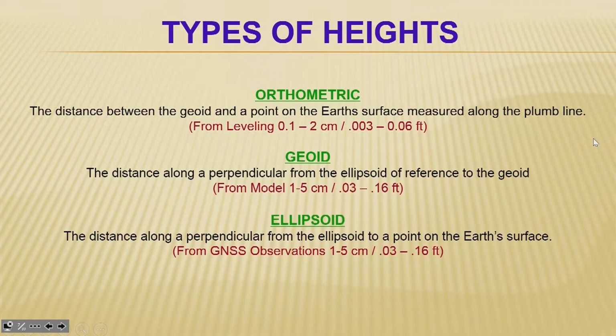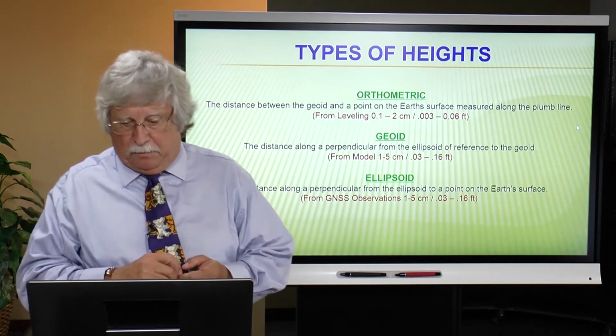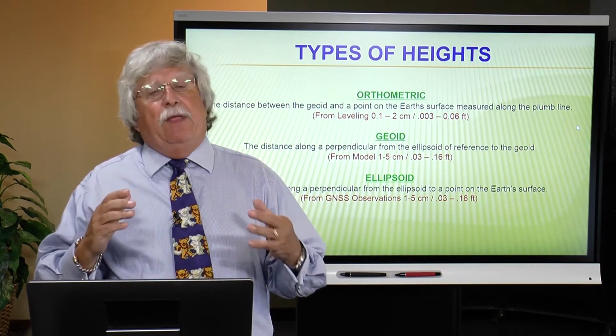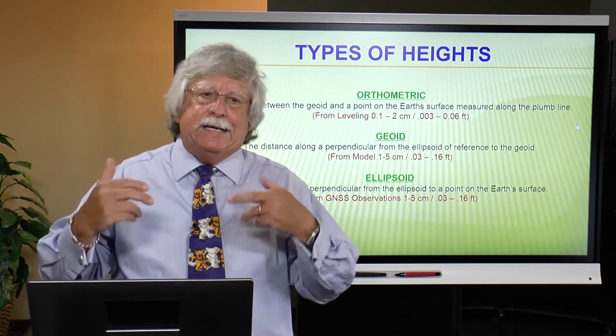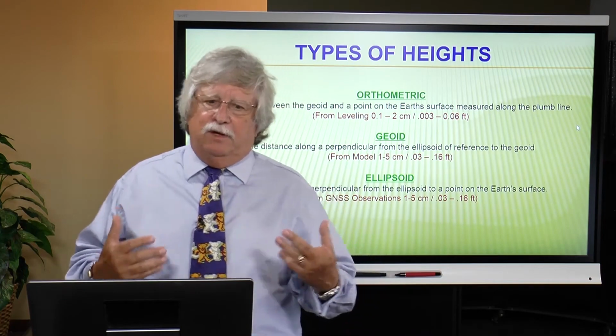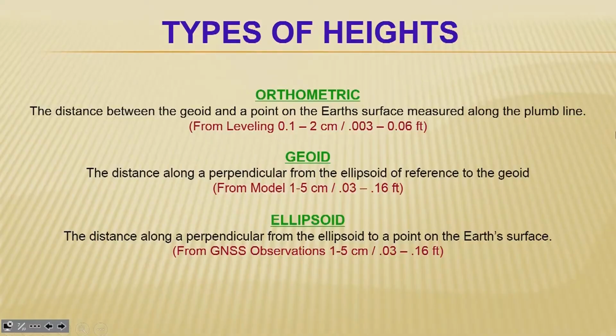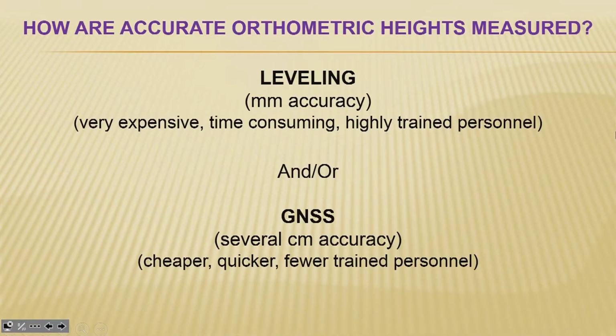So it's important to know there how well that model is defined by the National Geodetic Survey. And in very, very few places right now is it anywhere near 1 centimeter, 2 centimeters at best in some places. So understand that there are height types and the accuracy to which each one of them can easily be determined. So let's take a look at how accurately we can determine different types of heights.